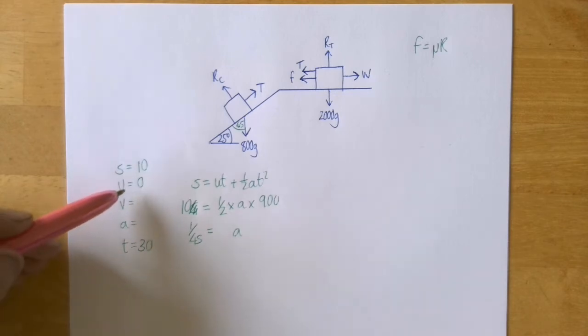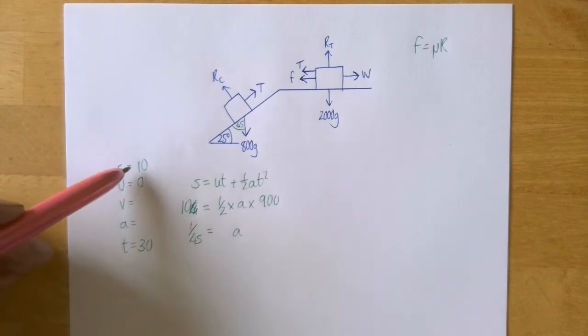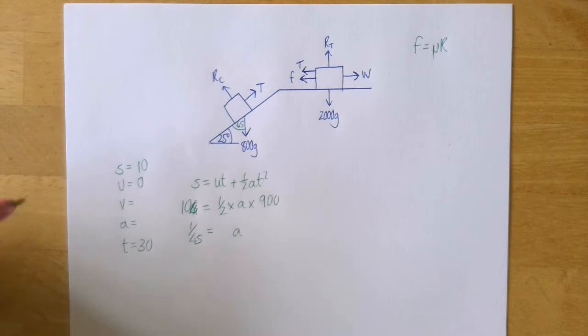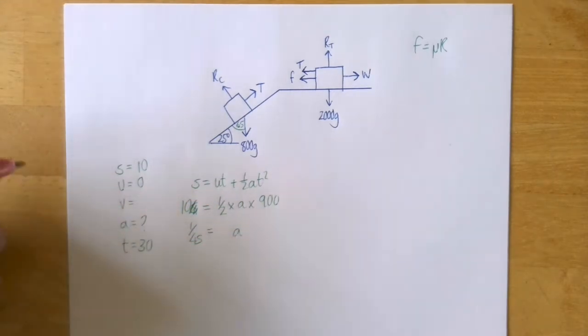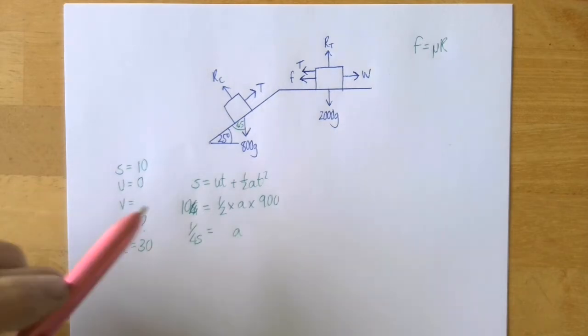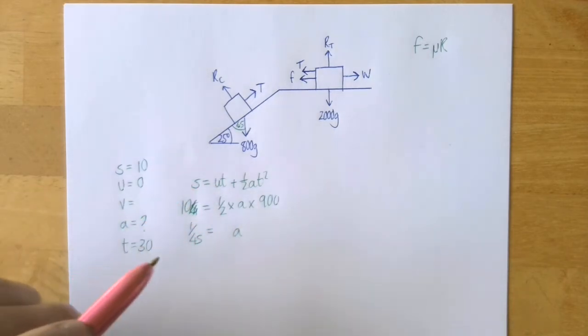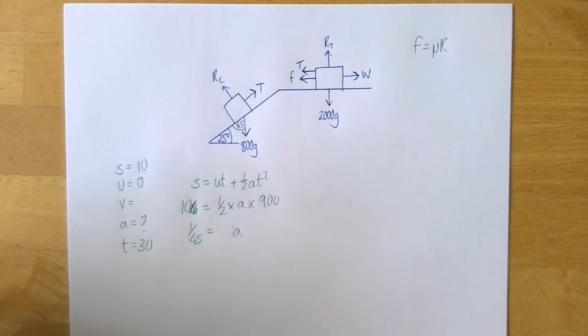Okay, so we're told that it starts from rest, it moves 10 metres in the first 30 seconds. So I used s equals ut plus half at squared, and I wanted to work out a, but of course u is 0, so there's no term there, and so I chose to write that as a fraction rather than as a decimal.